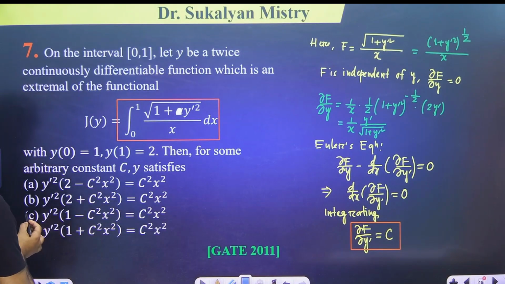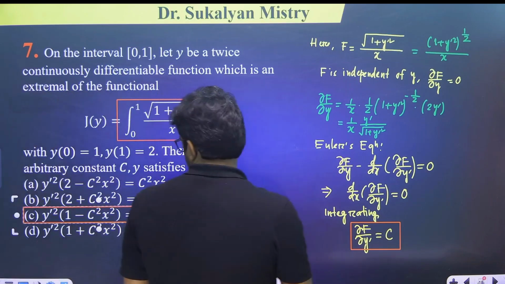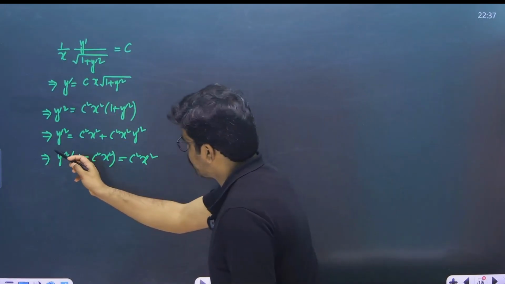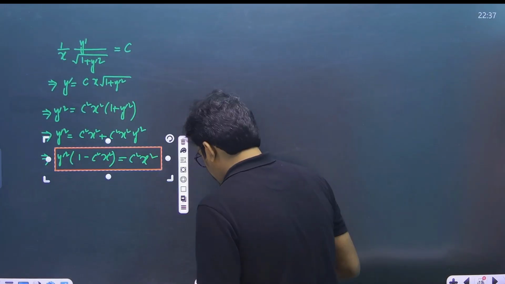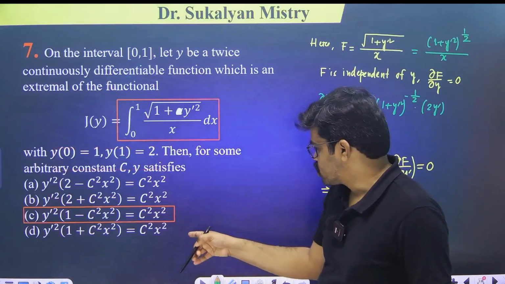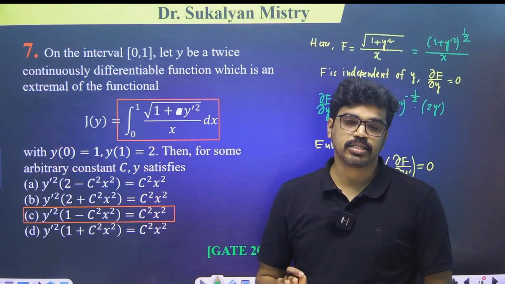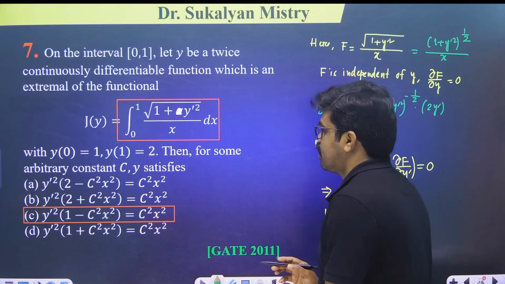So option C is the correct answer. Just see the options: we get y'^2 into (1 - c^2 x^2) equal to c^2 x^2. So option C is the correct answer, right?